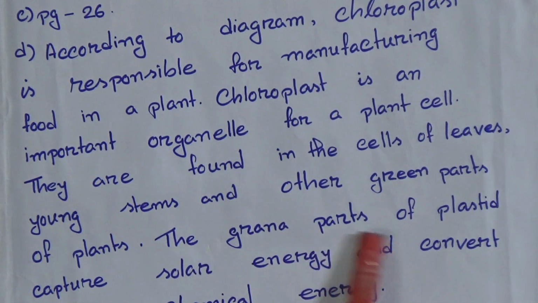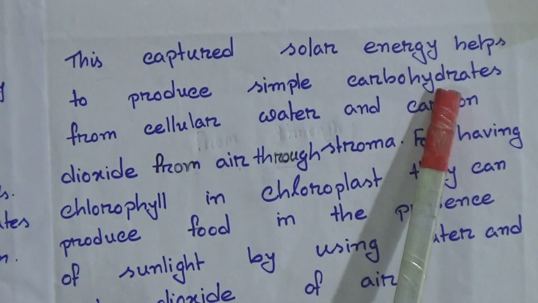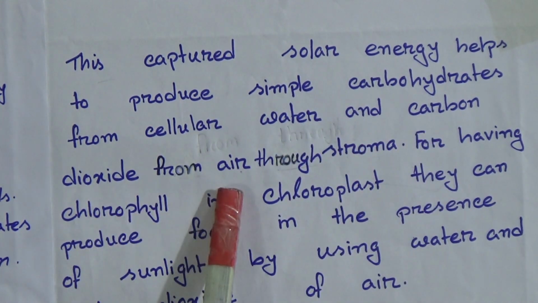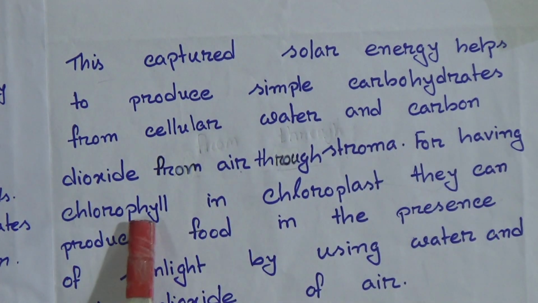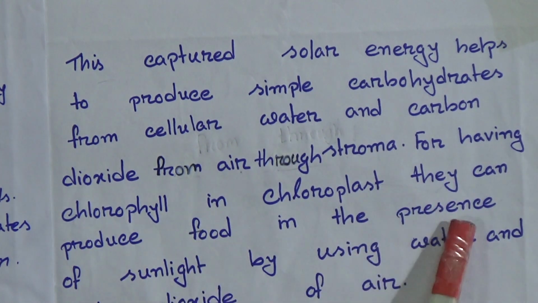The grana parts of plastid capture solar energy and convert it into chemical energy. This captured solar energy helps to produce simple carbohydrates from cellular water and carbon dioxide from air through stroma. For having chlorophyll in chloroplast, they can produce food in the presence of sunlight by using water and carbon dioxide of air.